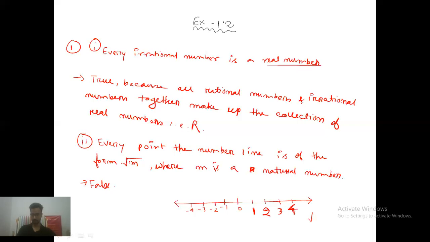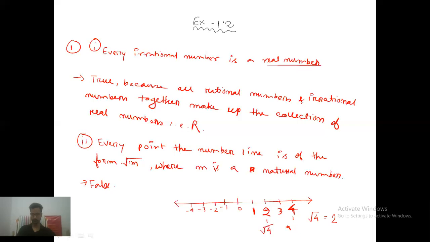If you write root 4, this is 2. That means root 4 is nothing but 2. Yes or no? That means 2, we can write as root 4.